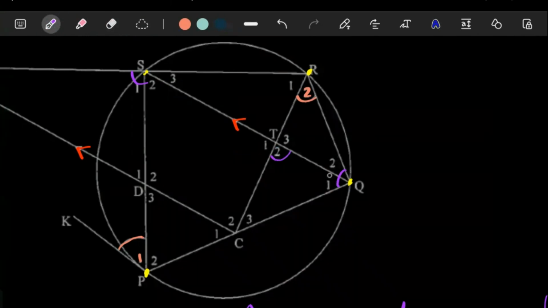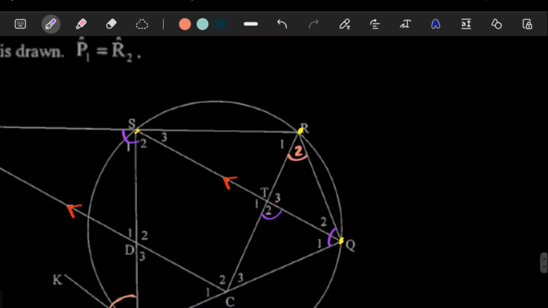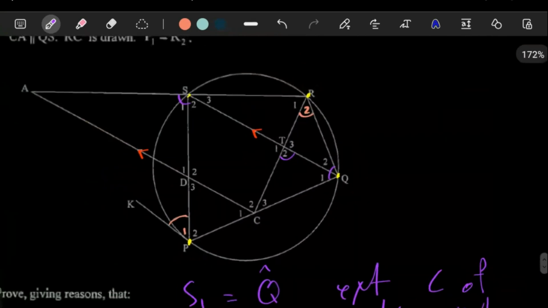So let's look for something that this whole angle is equal to. We're thinking to ourselves, okay, what do we have? We really don't have much. T2, wow. The reason is the exterior angle of a cyclic quadrilateral does not seem to be helping us much.